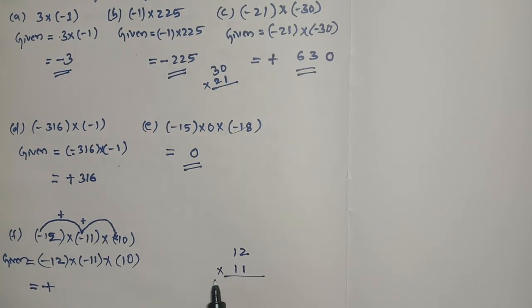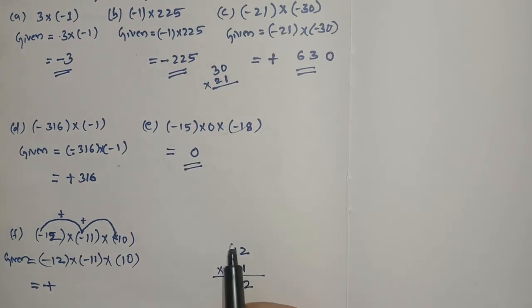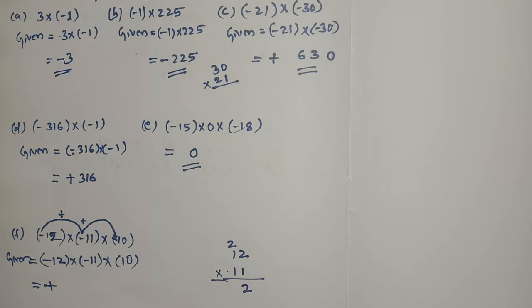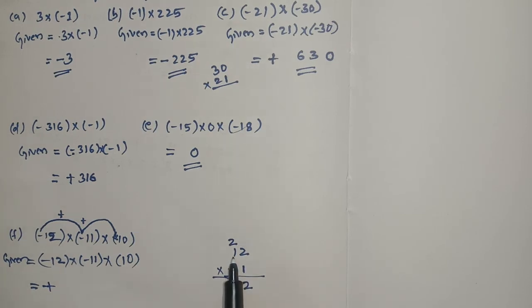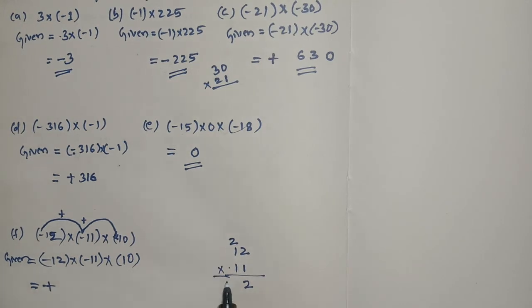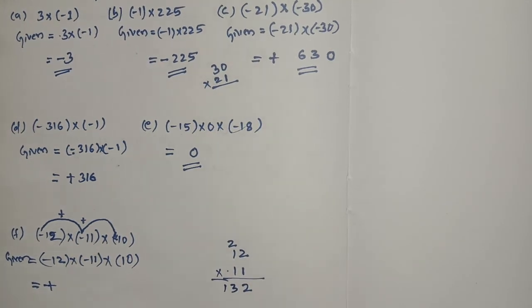I am multiplying directly with 11. 2 here and the other 2 will be here. 11 ones are 11 plus 2. It will be 13. So the answer will be 132, students.